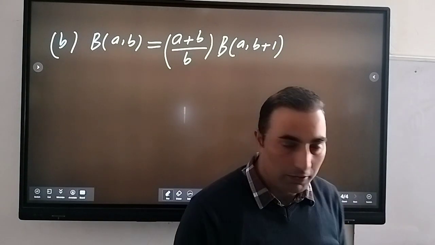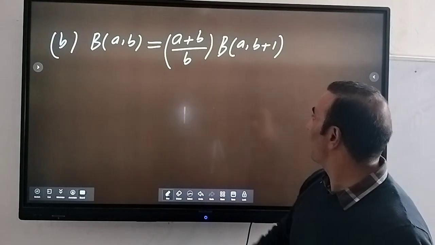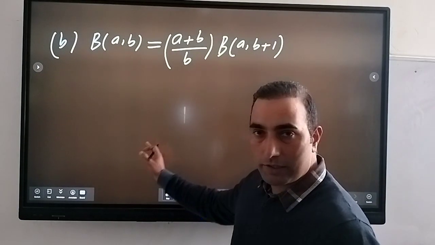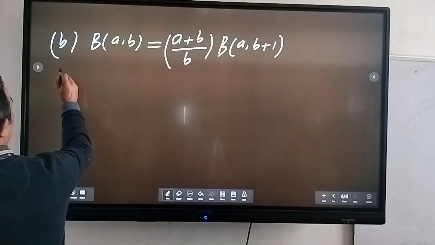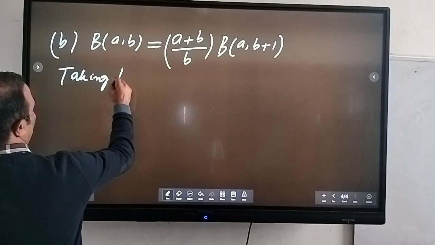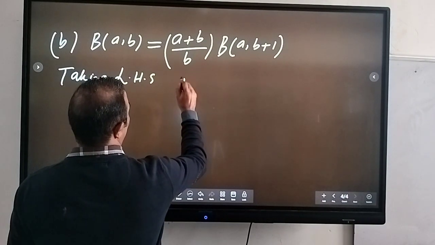We need to prove that beta of a b can be written as a plus b by b into beta of a comma b plus 1, right? So again we will take the left hand side. So taking LHS, we can rewrite this as a plus b.